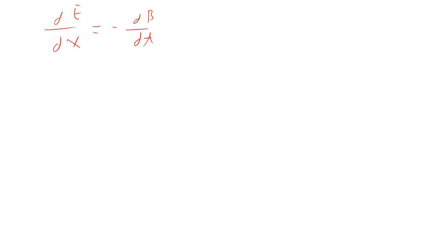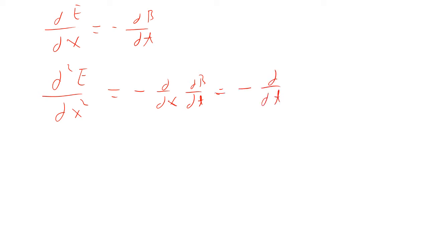So what if we take a derivative of both sides with respect to x? So this would be the second derivative with respect to x equals minus partial with respect to x of partial b with respect to time. Well, we know from differential calculus that the order of the derivative doesn't matter, so there would be partial with respect to time of dB dx.